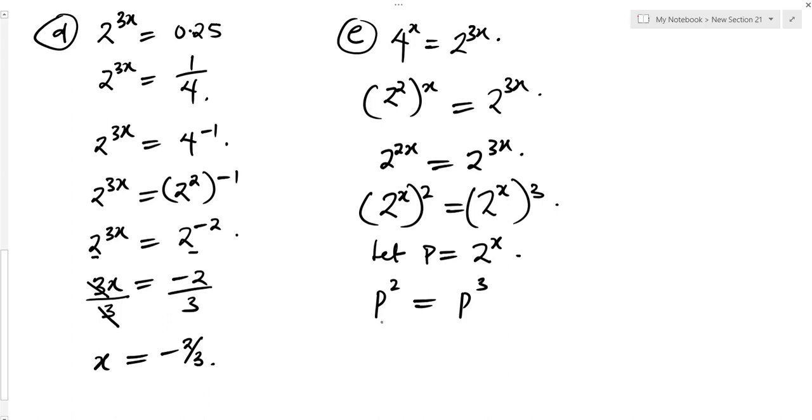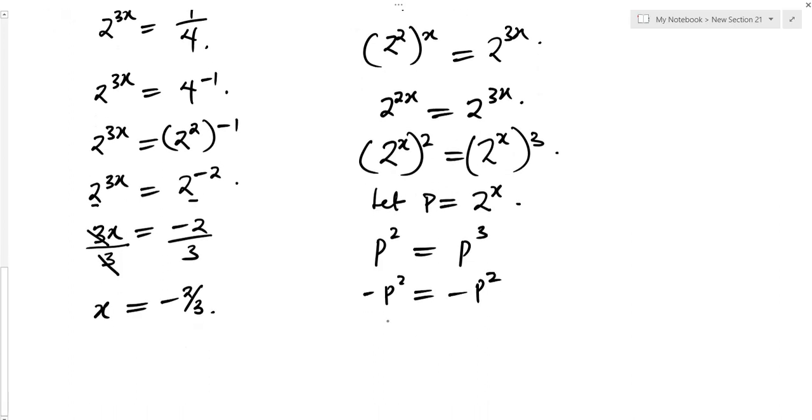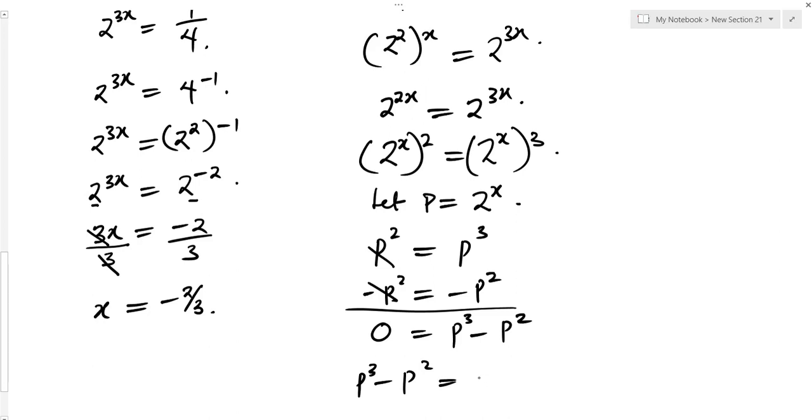Now if you add minus p to the power of 2 to both sides of the equation, this will cancel out, so the left hand side will be 0, and the right hand side will be p to the power of 3 minus p to the power of 2, which is equal to 0.